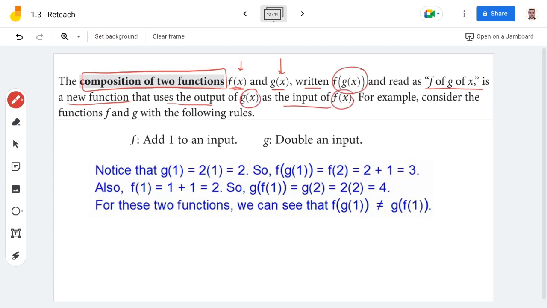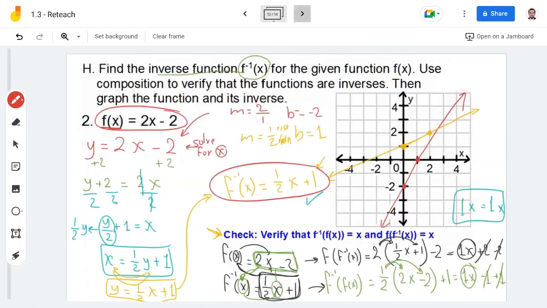So anything that I find from g of x will be the x of the new function. I hope you understand that.